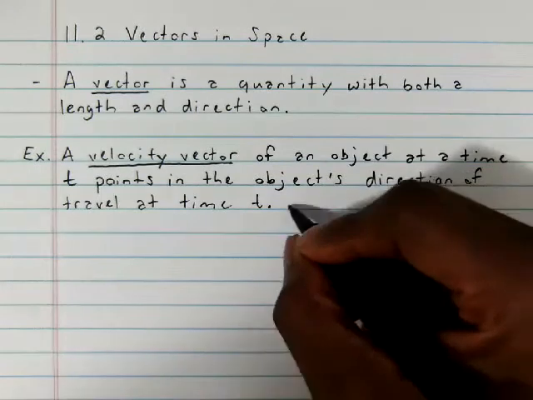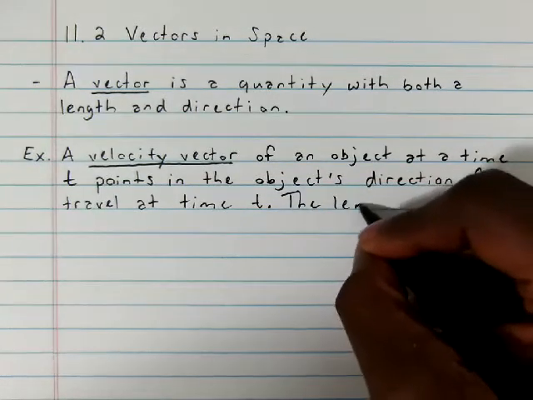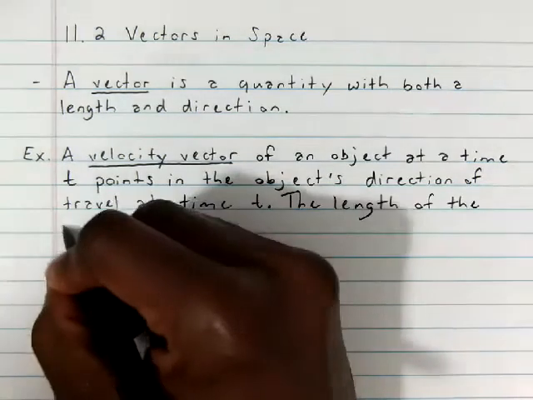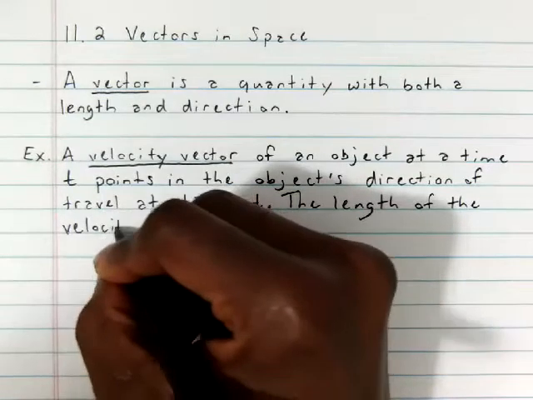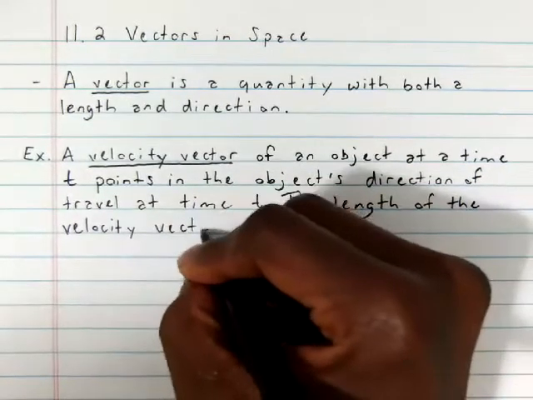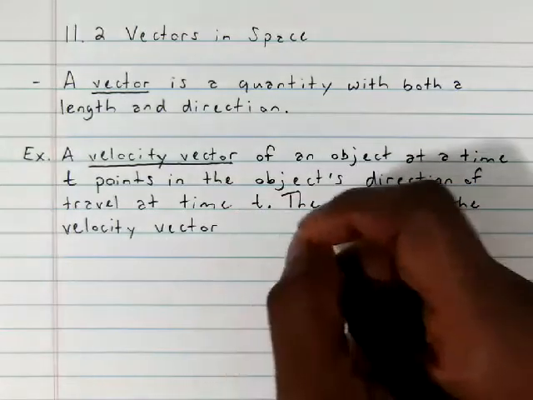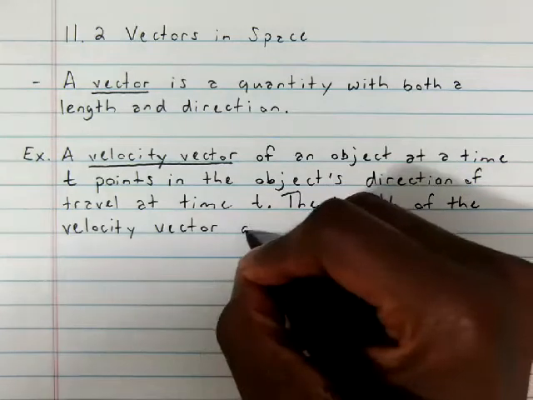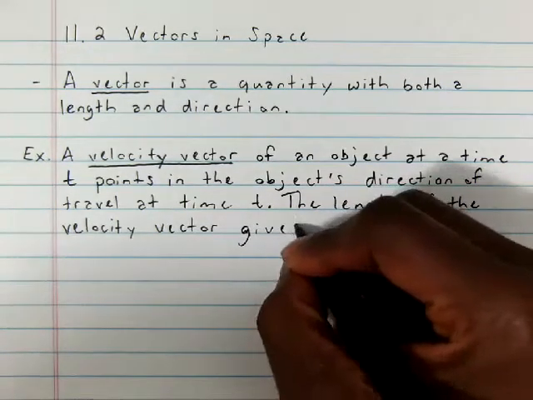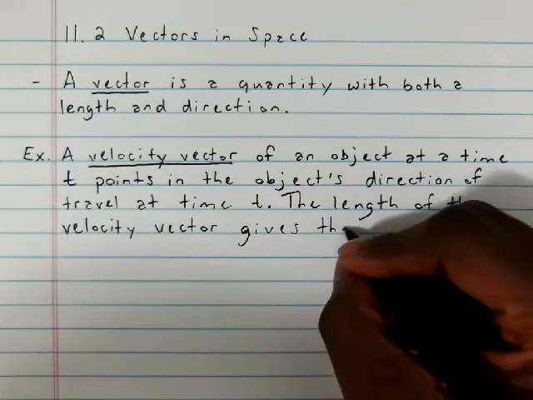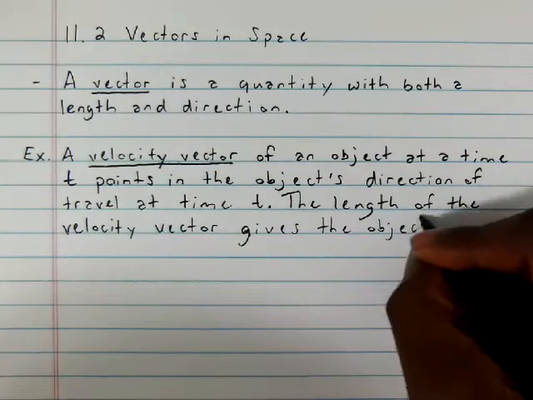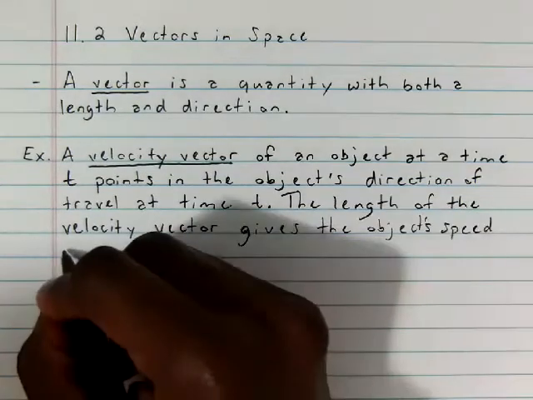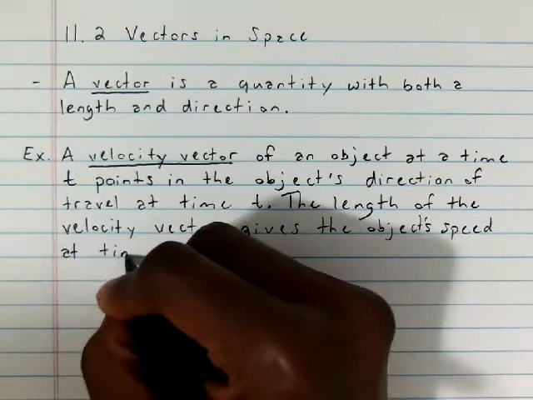The length of the velocity vector gives the object's speed at time t.